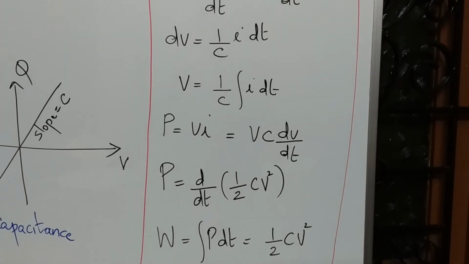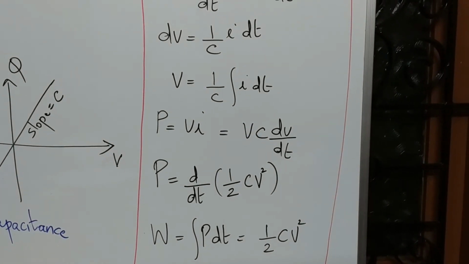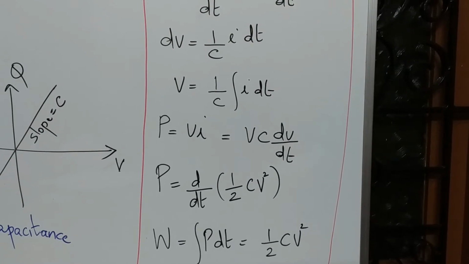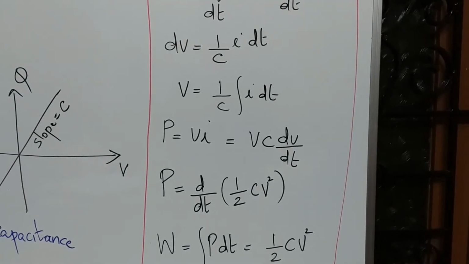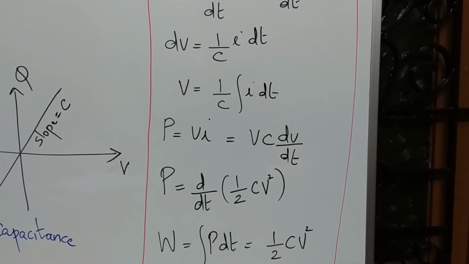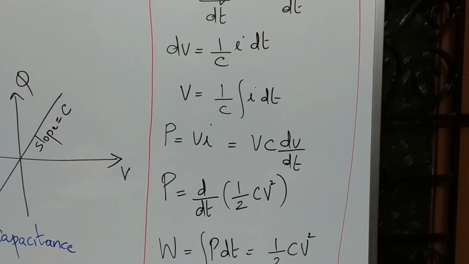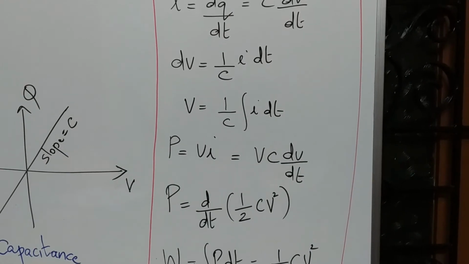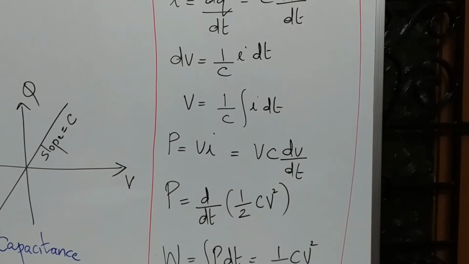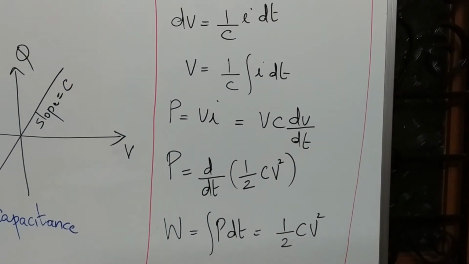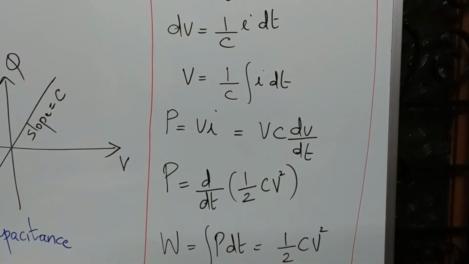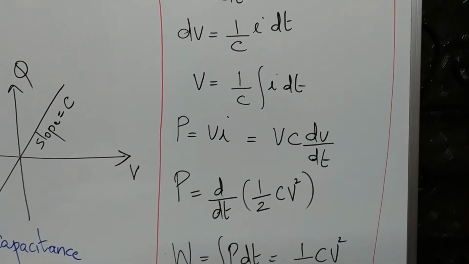Now from there we can write down the equation for power. The basic equation is voltage into current. So here current is C into dV by dt. So we can write P equal to Vc into dV by dt, or V into C dV by dt. Now I am rearranging this slightly in order to find out the energy.